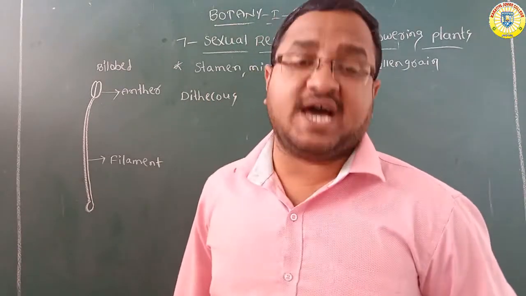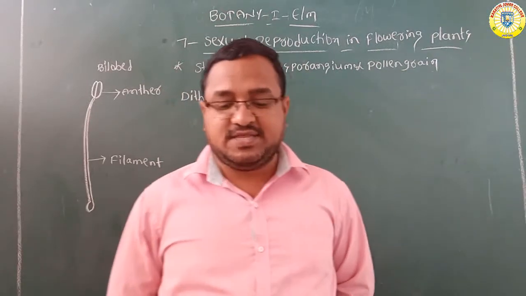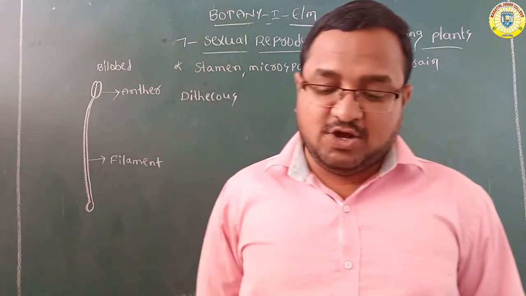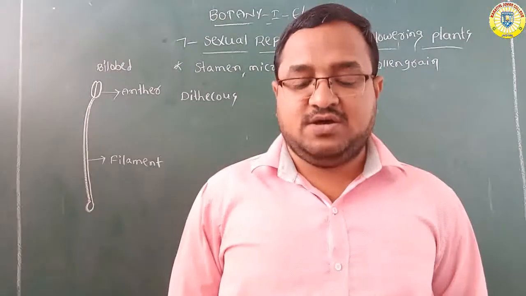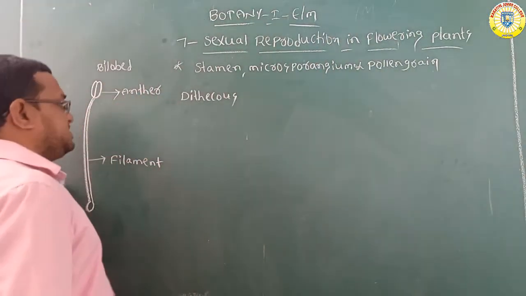Generally anthers are dithecous, with two lobes, but in hibiscus flowers the anther is single lobed, hence it is called monothecous. Bilobed means dithecous.